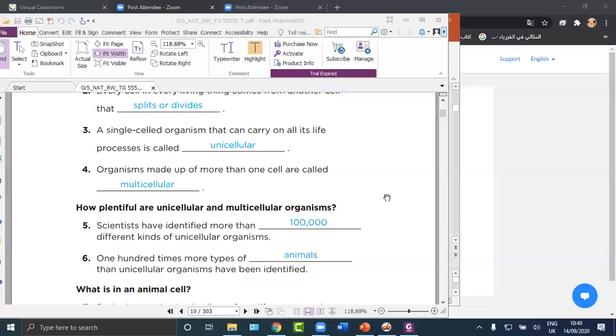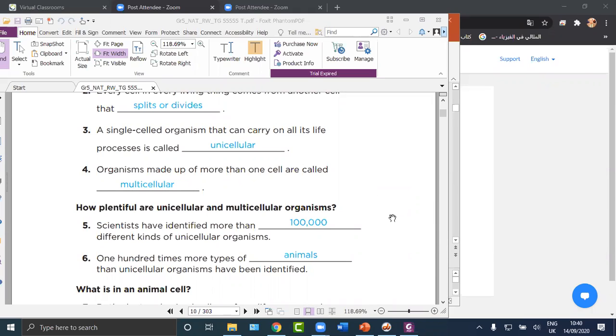You did excellent. Perfect. It controls the materials that move in and out of the cell. Yes, perfect. Number 8.